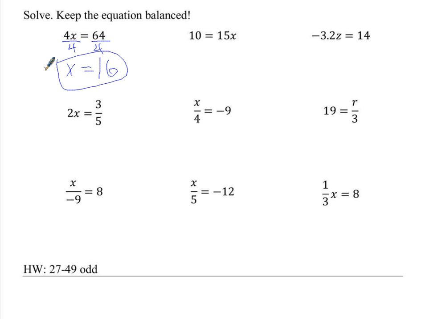Okay, let me do the one next to it. What is being done to x? Multiplying by 15. So to undo that, we are going to divide both sides by 15. 15 divided by 15 on the right side is 1. So I get 1x. And then 10 divided by 15 is 10/15.